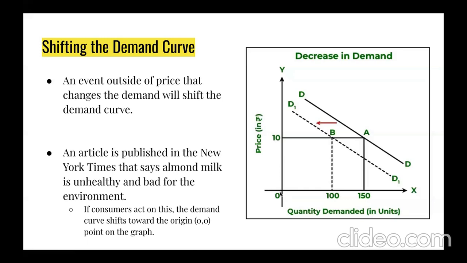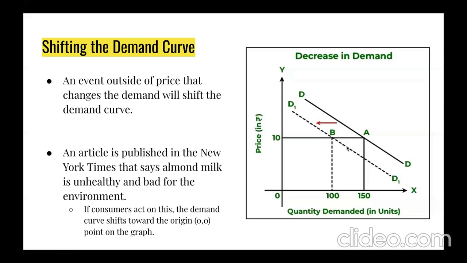It's where the y-axis and the x-axis meet. The 0, 0 point, the origin. Our demand curve, if demand decreases, the curve shifts toward the origin. So it goes from this solid line to where this dotted line is. That's the demand shift, or the shift in the demand curve.